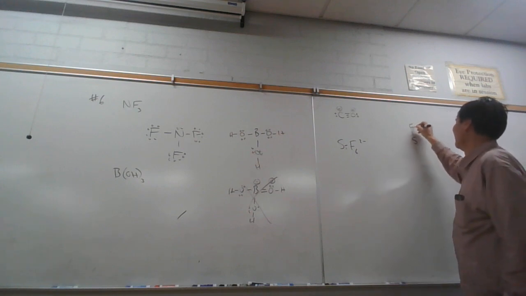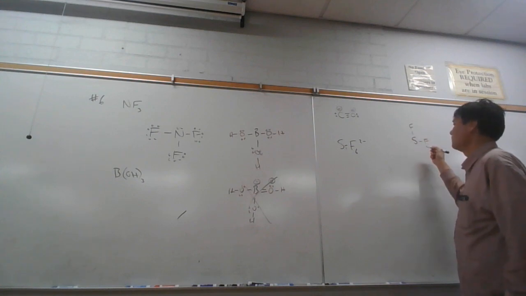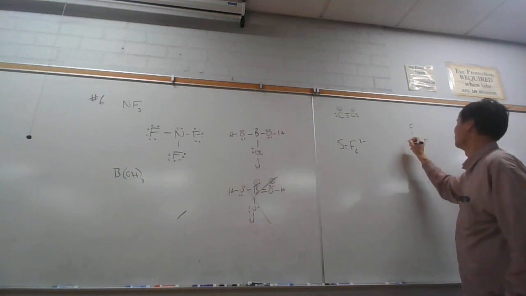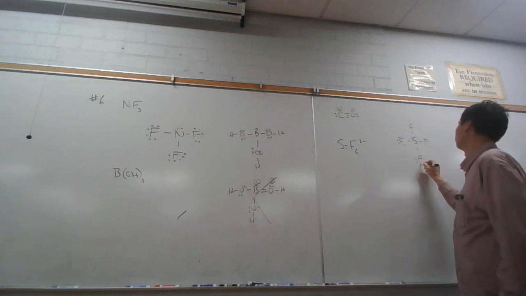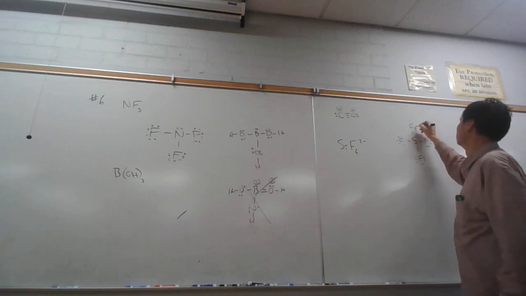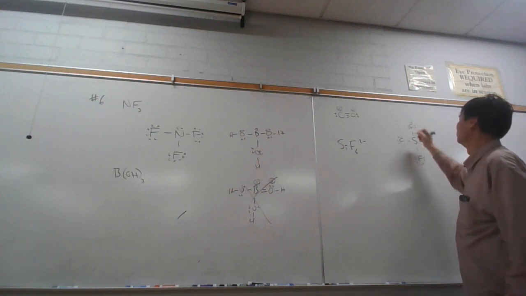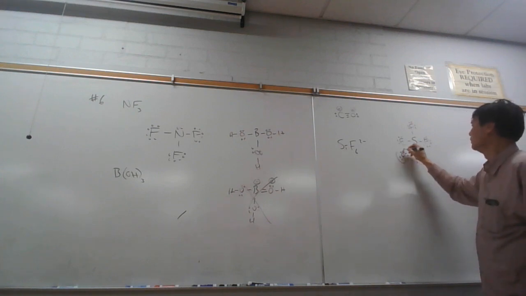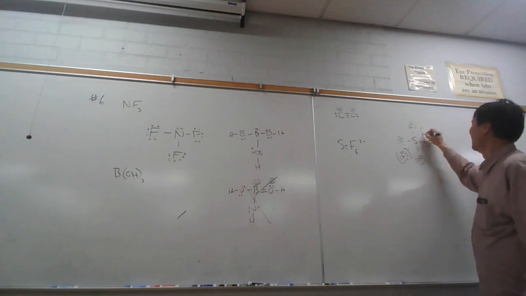One is we just maintain an octet. If we just maintain an octet, then that means just 4 of the fluorines will be bonded, and then the 2 extra fluorines will be ionically bonded.